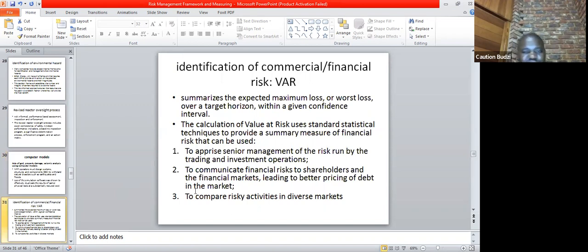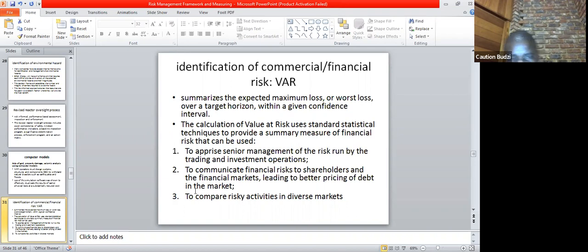So for the identification of commercial risks, there is what is called value at risk, the use of value at risk to identify the risk of the nuclear power plant. The value at risk summarizes the expected maximum loss or worst loss over a target horizon with a given confidence interval.